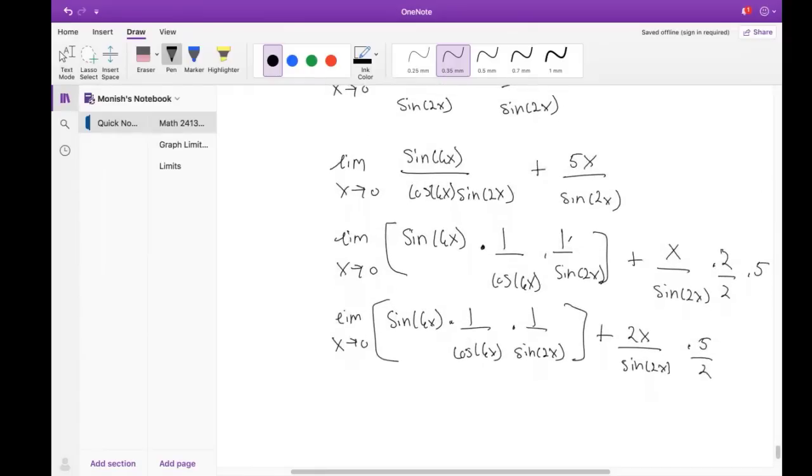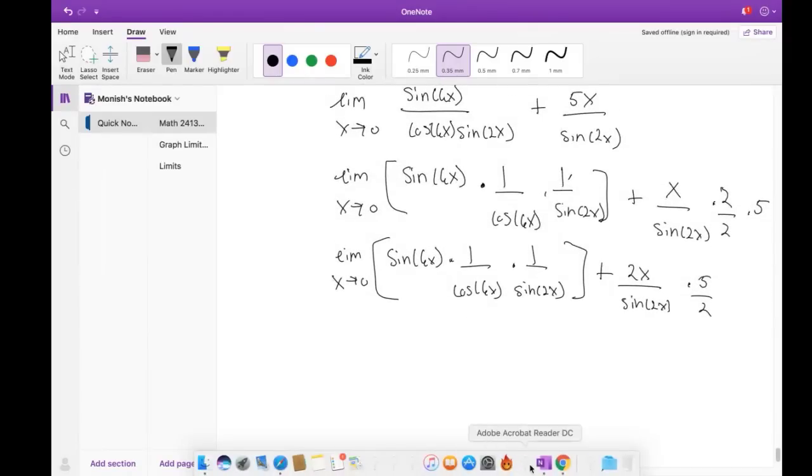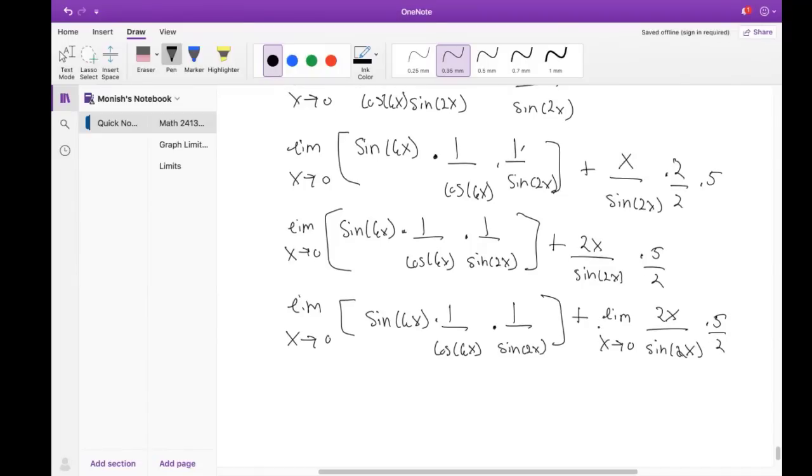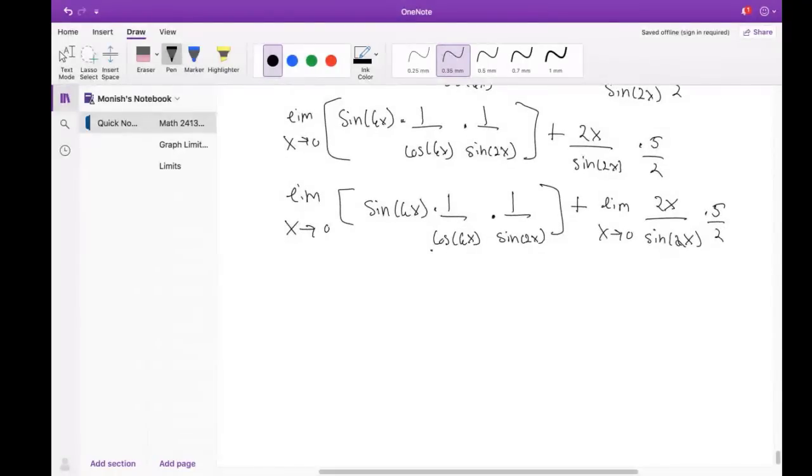Okay, so these are two separate limits now. Let's just work with this one for right now. We have sine, this 1 over cosine of 6x, and this just came from when we split it at the beginning.